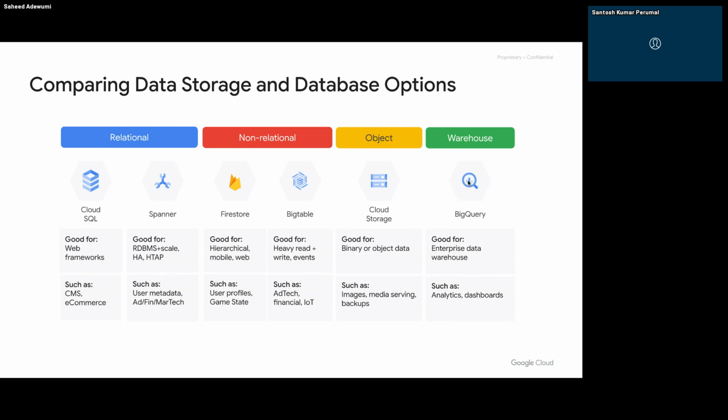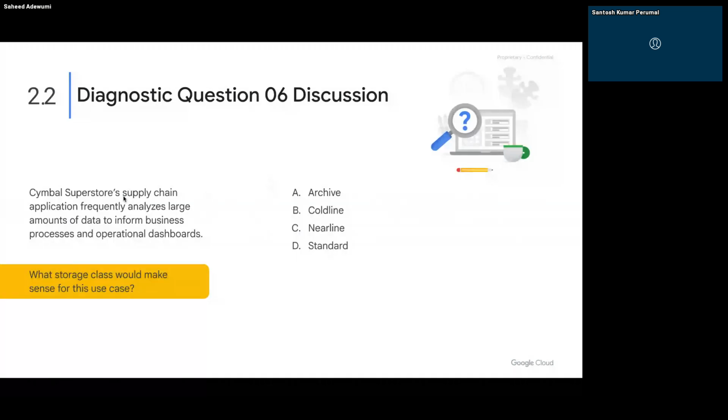So moving forward, before we answer this question, we have the different types of data we store, and it's based on accessibility. If you are accessing the data frequently, we use the Standard class to configure it.